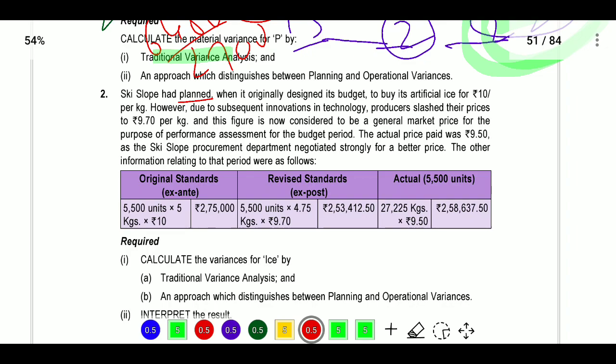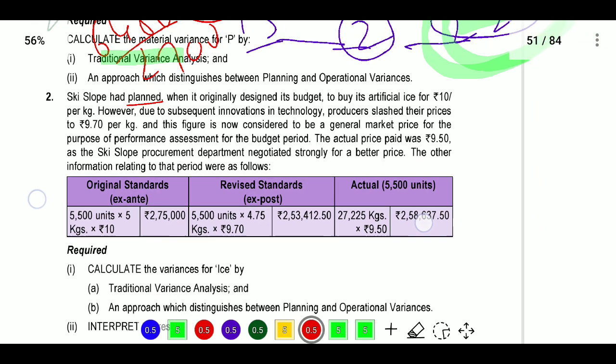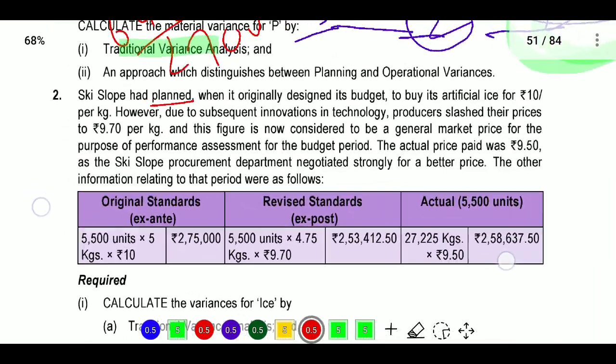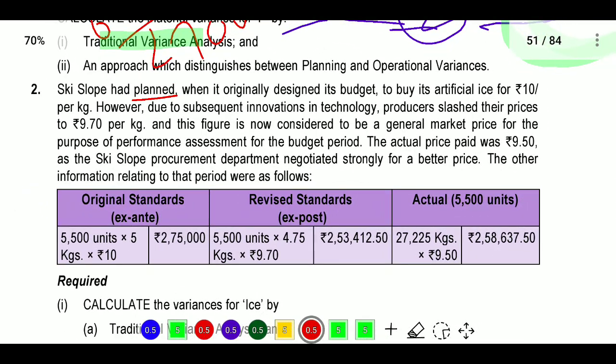Next, however, due to subsequent innovation in technology, producers slashed their prices to 9.7. It will be the change, the revised price. These figures are now considered to be the general market price for the purpose of performance assessment for the budgeted period.